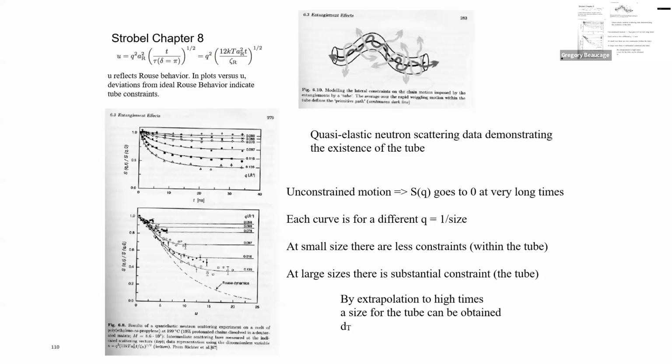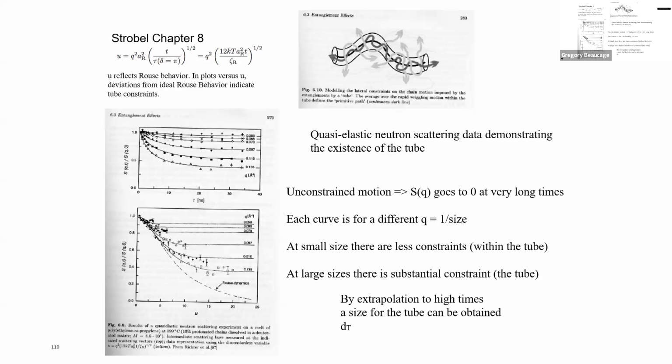Is Rouse dynamics at a particular Q, or is it variable based off of conditions? Well, you get Rouse dynamics when you have low molecular weight, like in an oligomer melt, like wax. Then you get up to about 10,000 grams per mole, and you start seeing this reptation stuff.